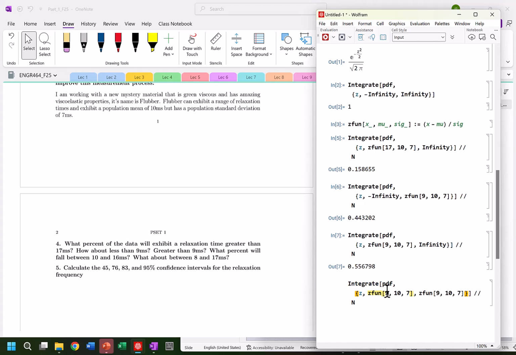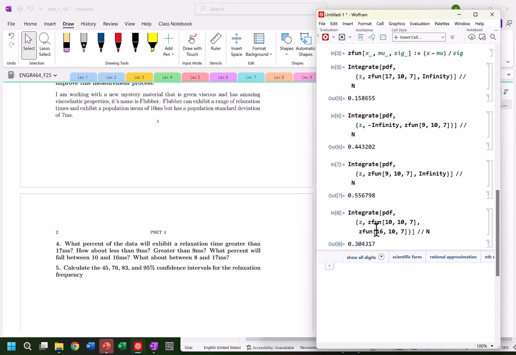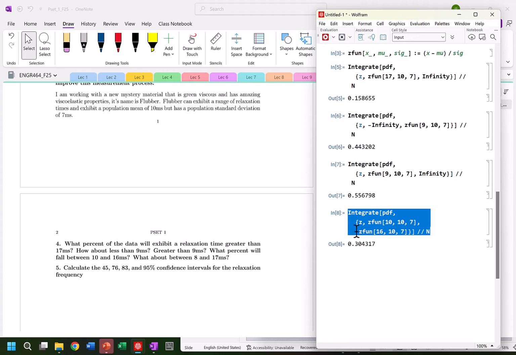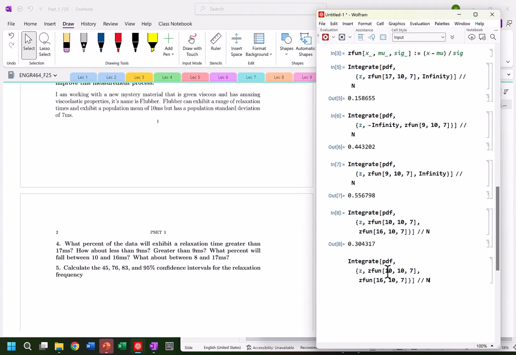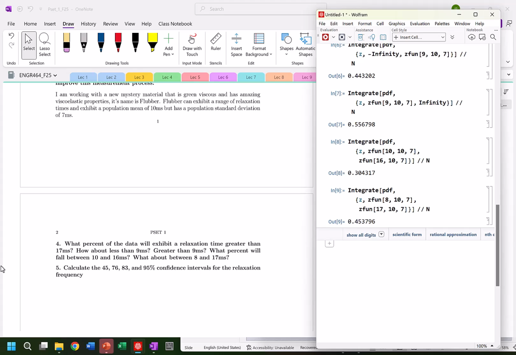So 10 and 16 here. Again, all these are multiplied by 100 for percentages. What about between 8 and 17? Voila. Fantastic.